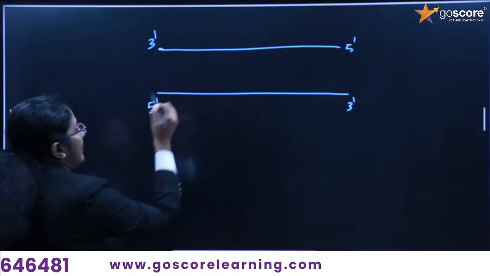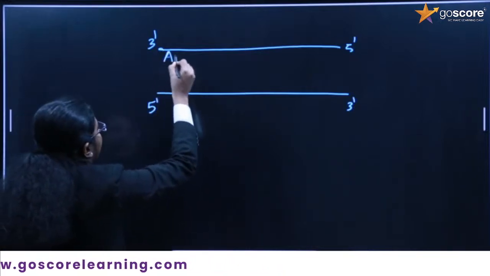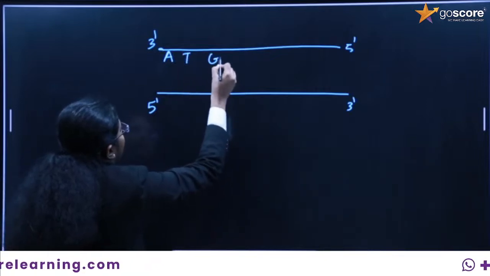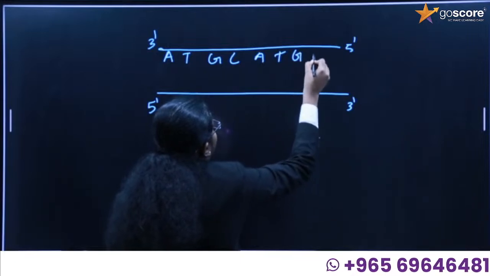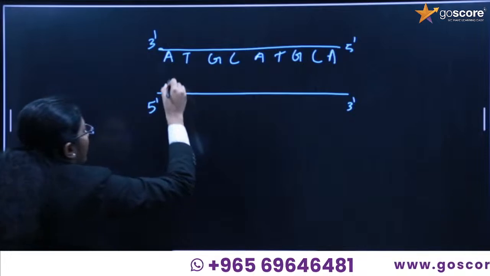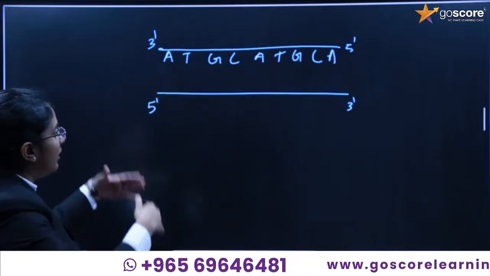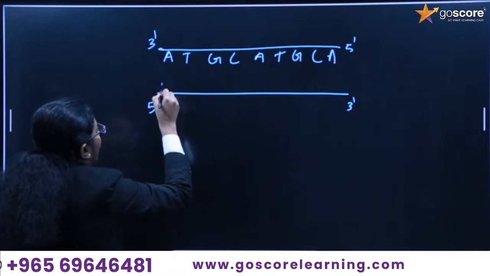So let's write some base pair units also here: adenine, thymine, guanine, cytosine, adenine, thymine, guanine, cytosine, adenine. What will be the complementary 5 prime, 3 prime strand? Adenine pairs with thymine.